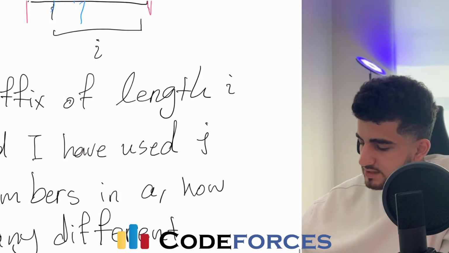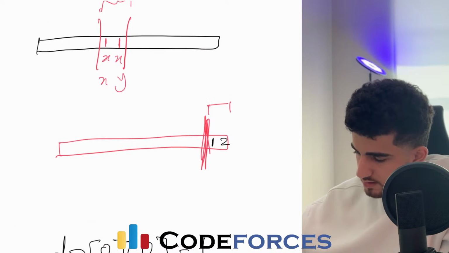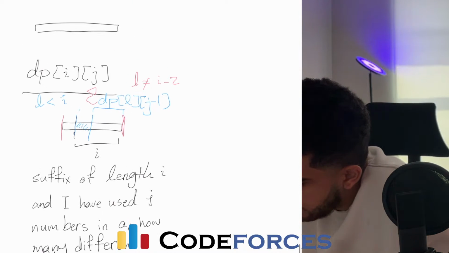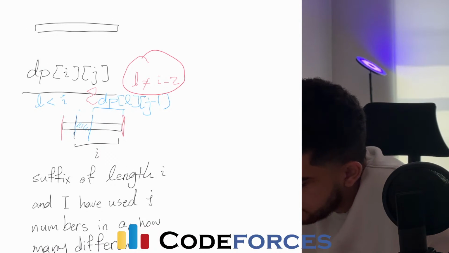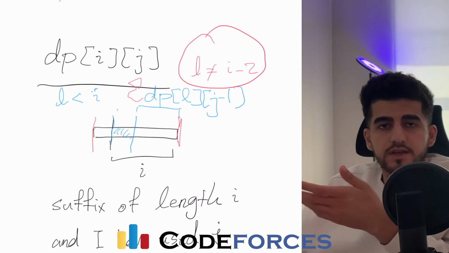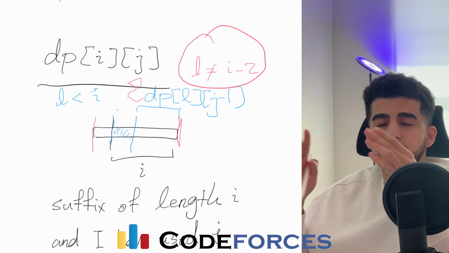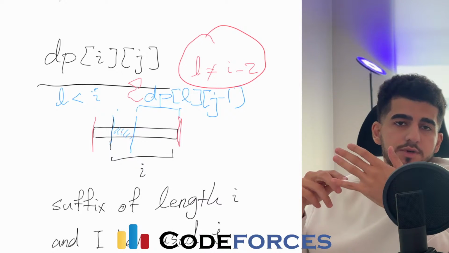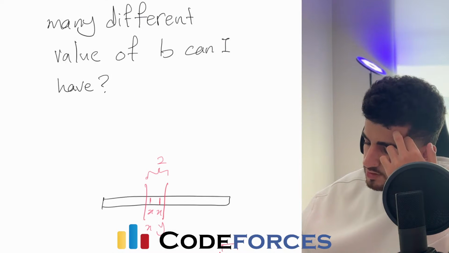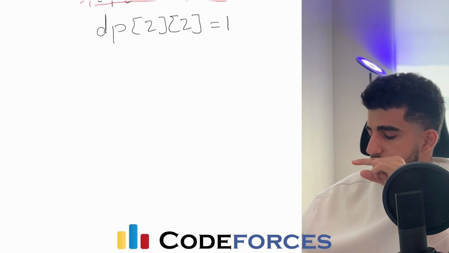I should say that L should be not equal to i minus 2. And then, for all the other values of L, I can just sum up dp of L and j minus 1. And then my final answer is going to be, because I have solved for all the suffixes, I do not consider the whole array.